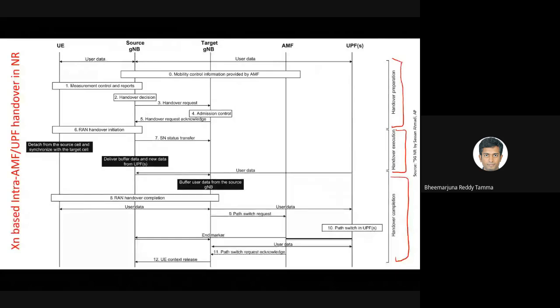So then step one. Can somebody answer what is happening in step one? The UE is sending the measurement reports, which consist of the RSRP value and RSRQ value. Yeah, that is one thing. But one more thing is happening here. It is measurement control and report.